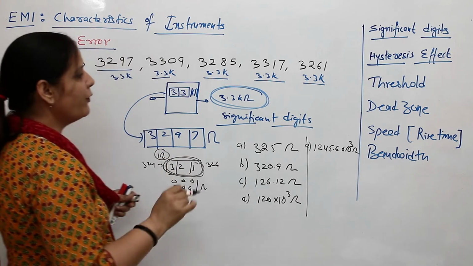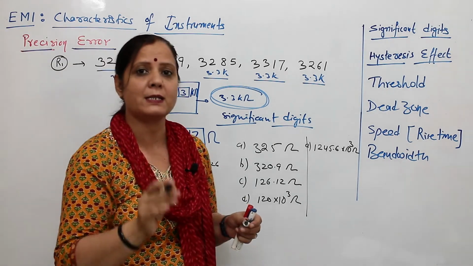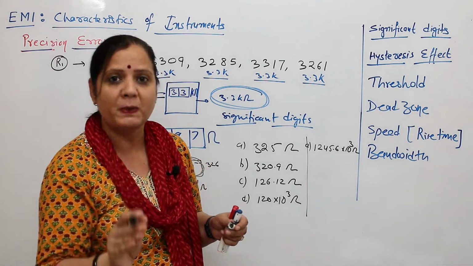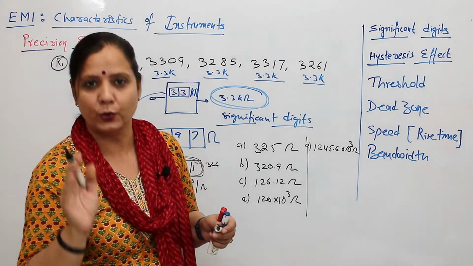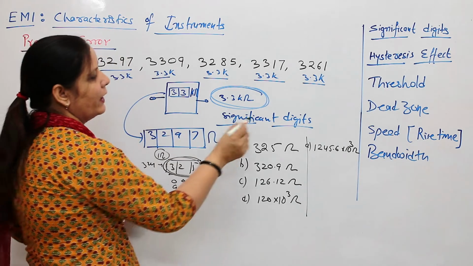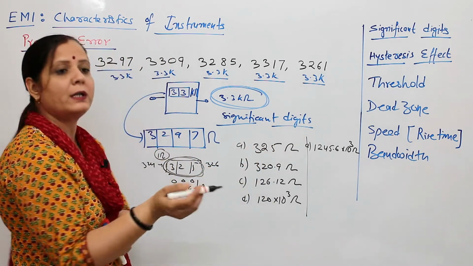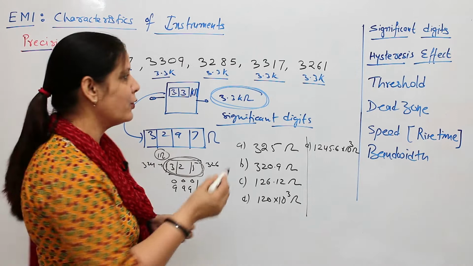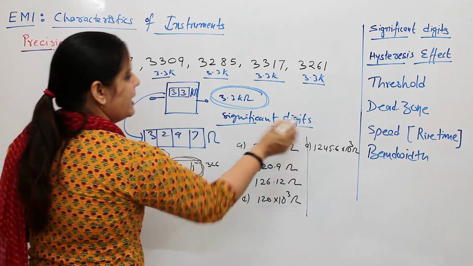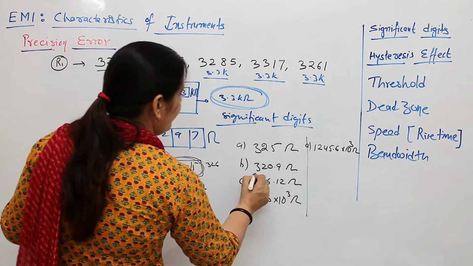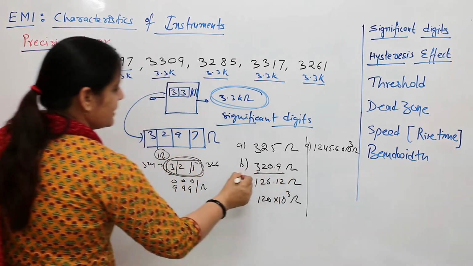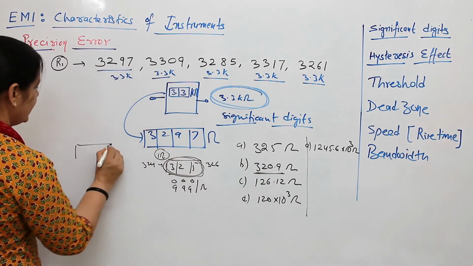So significant digits are the number of digits that are used in the display of the measuring unit. Generally significant digits are a property of a digital display system, or a measuring unit that has a digital display system.